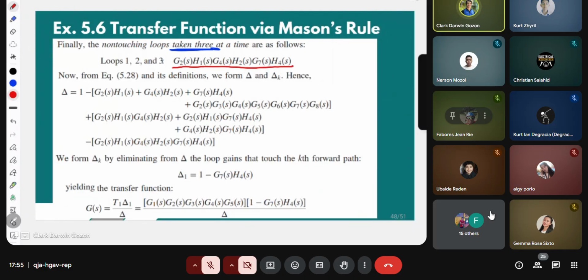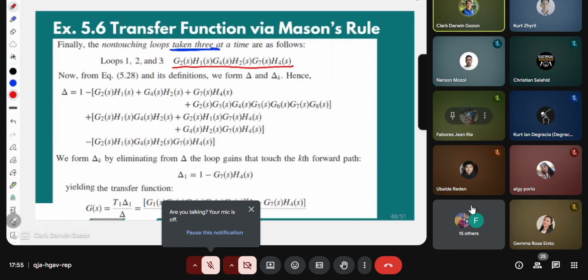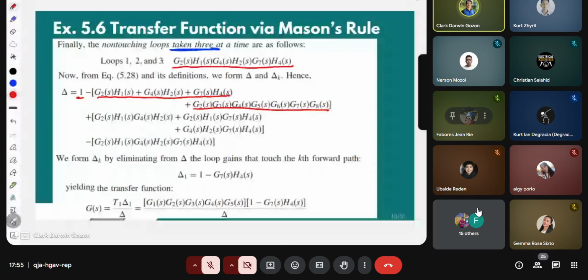Okay, so we are now ready to draft or to write our delta. So our delta here is 1 minus kani mo nitong tulo ka buok, upat ka buok na loop gains, if you remember. This one is the first non-touching loop gain. The second non-touching, taken 2 at a time.